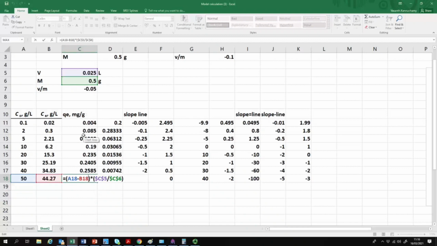So this is your QE value. QE is C0 minus CE multiplied by the ratio of volume divided by mass of your adsorbent. Concentration is expressed in grams per liter, and the mass is expressed in grams. So the units will be grams per gram, not milligrams per gram.